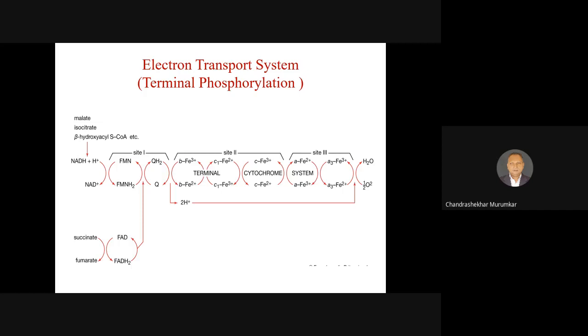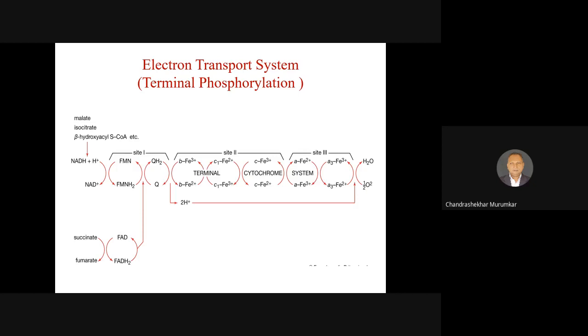So what is the beauty of this reaction sequence or the electron transport system? When NADH2, the reduced compound, gets oxidized, 3 ATP molecules are synthesized because of the 3 locations where the energy transfer is taking place.